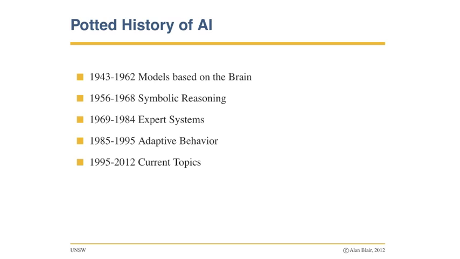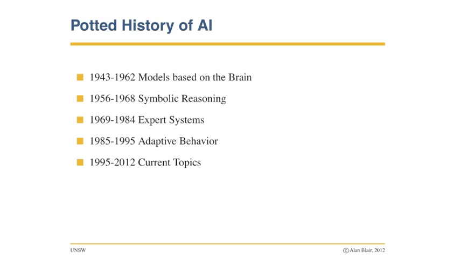Then there was a period where symbolic reasoning and expert systems dominated the field. Then there was the rise of neural networks and genetic algorithms and things like fuzzy logic, things that we refer to as adaptive behavior, behavior-based robotics. And then we'll have a look at just a few of the topics that are of current interest.